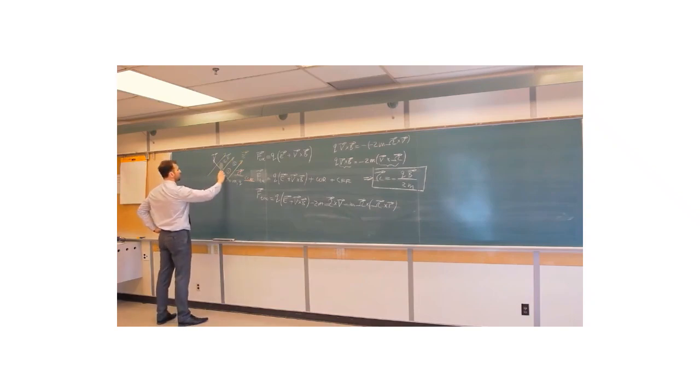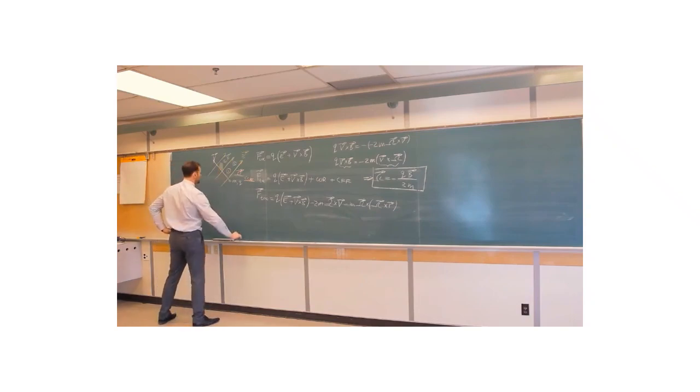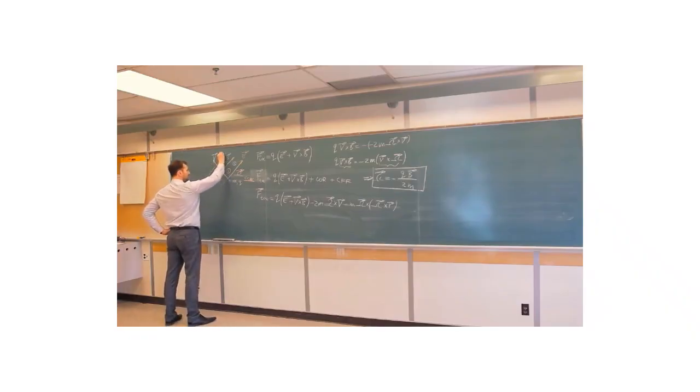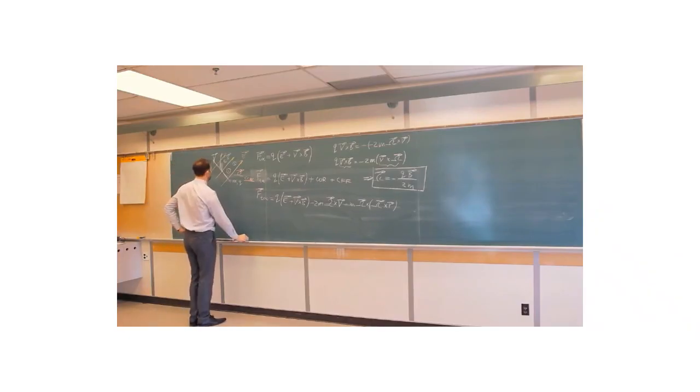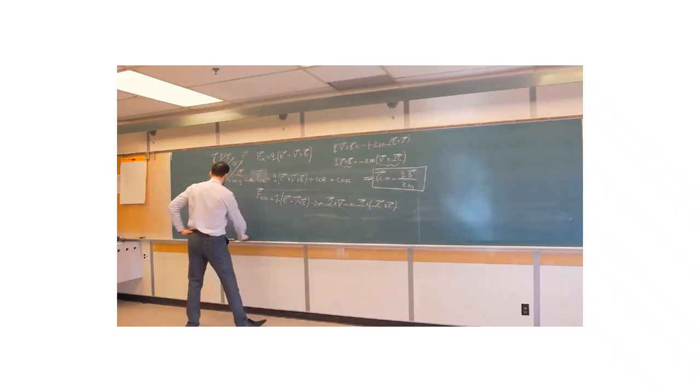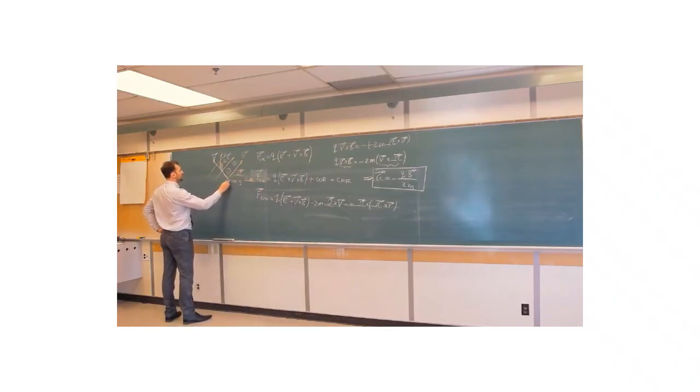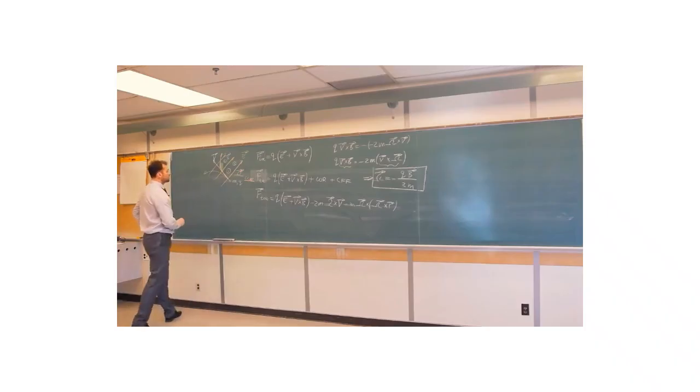So Coriolis force would tend to deviate this towards the right, and magnetic force would tend to deviate this motion towards the left.